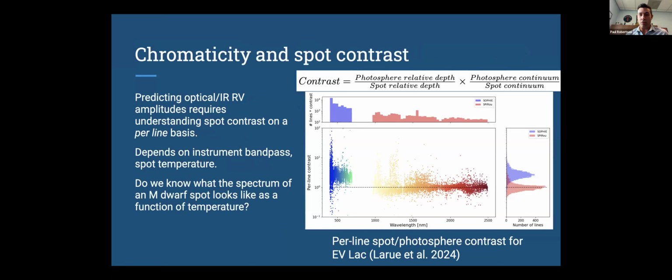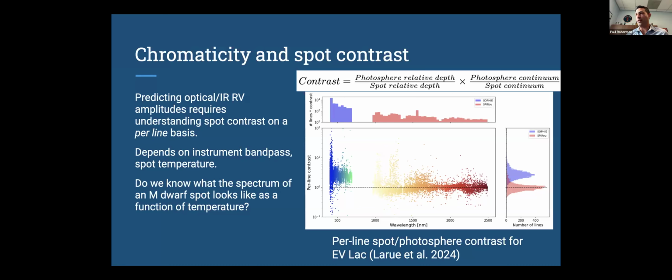This is showing using model spectra what the expected contrast is on a line by line basis for another active star, EV Lac. And you can see overall, yes, the contrast is different in the optical and infrared. There's a higher contrast in the optical, but for certain lines, even the infrared has high contrast.